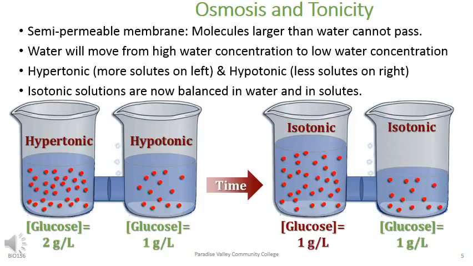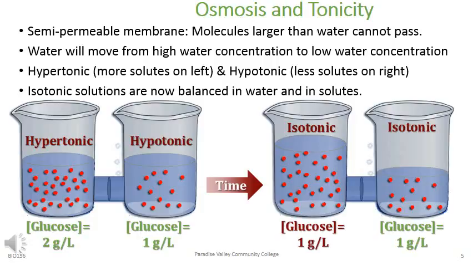So now that we have less water than what we started with on the hypertonic side, the left side here, the hypotonic solution is going to take water from the hypotonic side, move through that semi-permeable membrane over to the hypertonic side. So now what we have is a balance of the free water molecules.